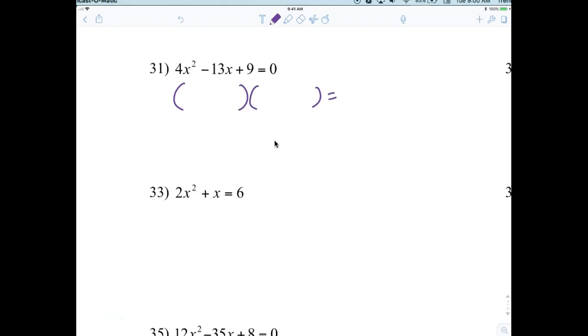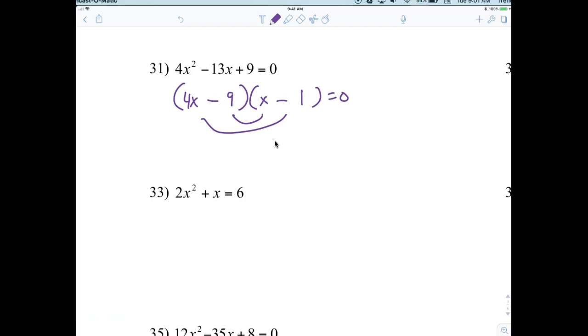Yeah, that's right. 4x and x. And 9 must go on the left. And 1 would go on the right, and they both would be negative. Again, because we want to be negative 13.